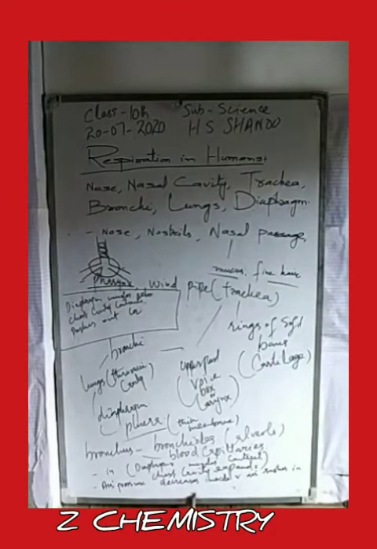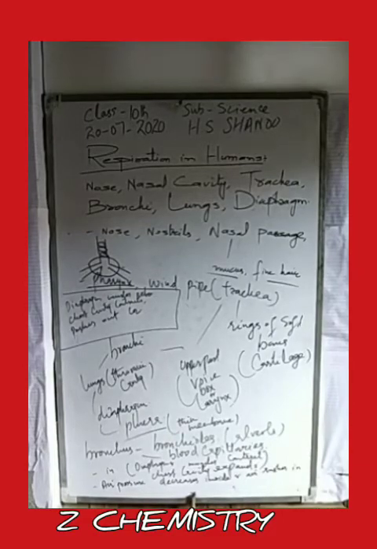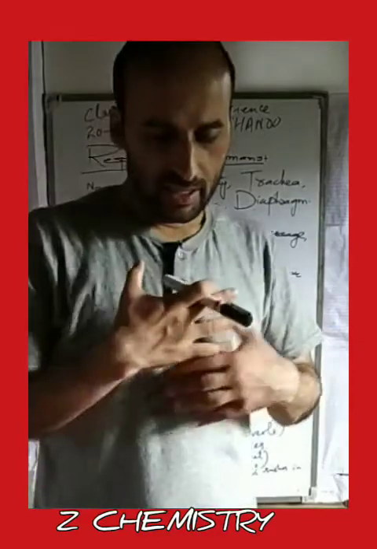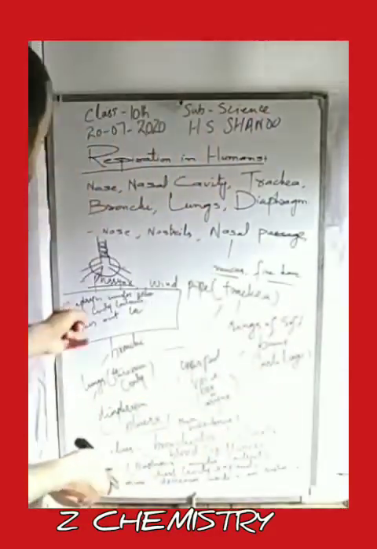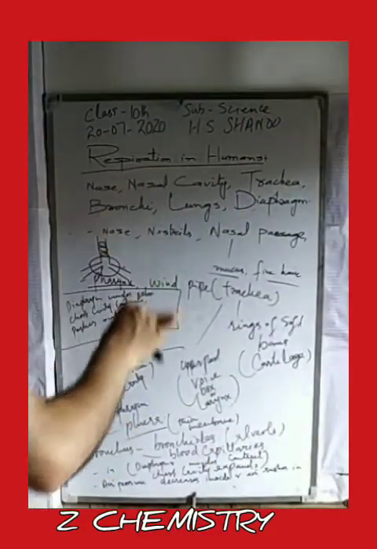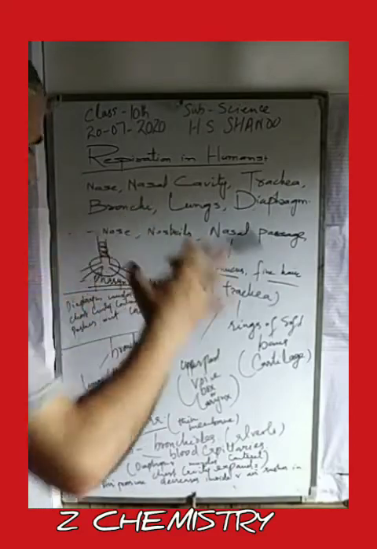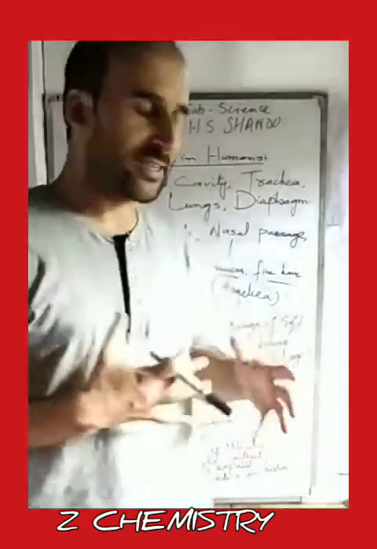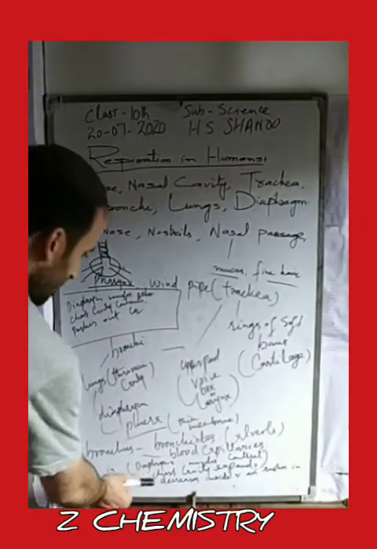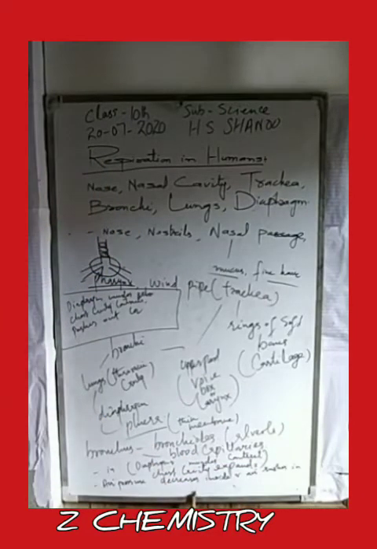What happens when we breathe in? The diaphragm is the main organ during respiration, and the muscles around it contract, due to which the chest cavity expands.